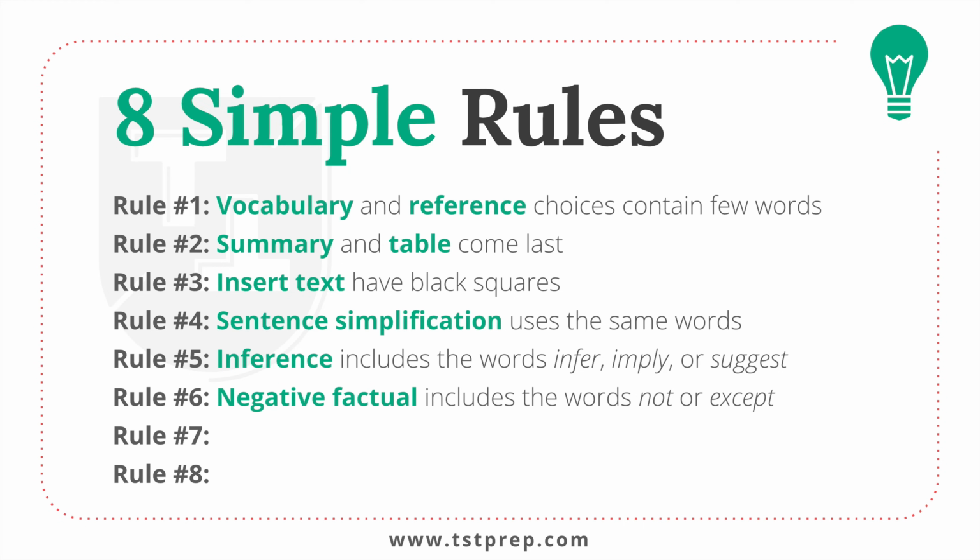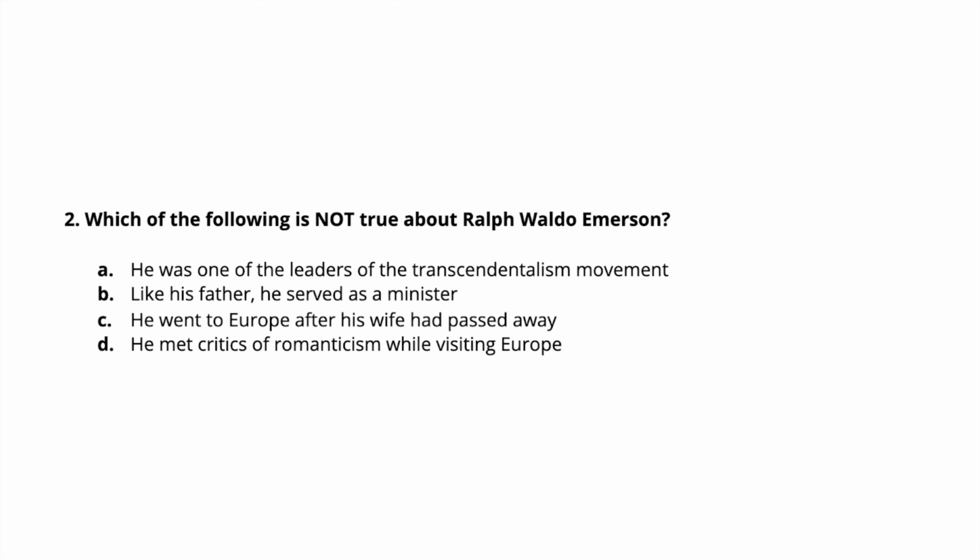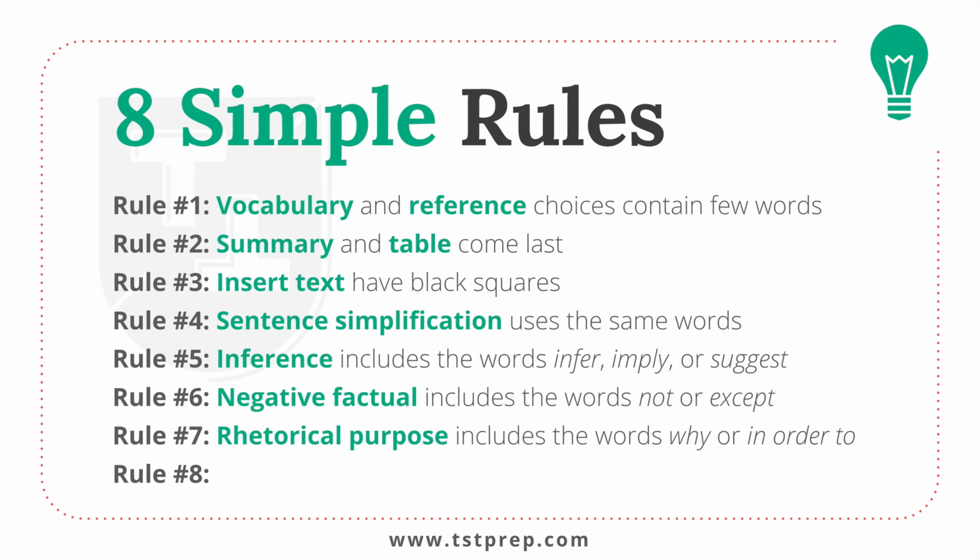So these questions are kind of tricky because here you're trying to find the wrong answer, which one is not correct. So they will have in all capitals the word not or except. In this example, which of the following is not true about Ralph Waldo Emerson? So just look for those big words not or except in the question.